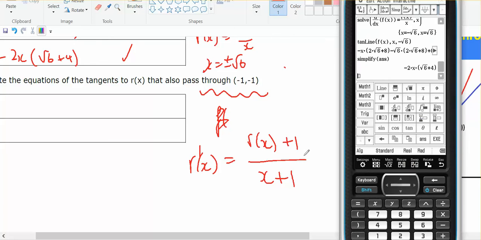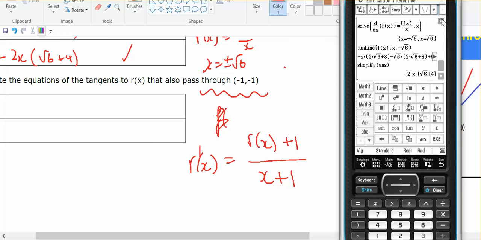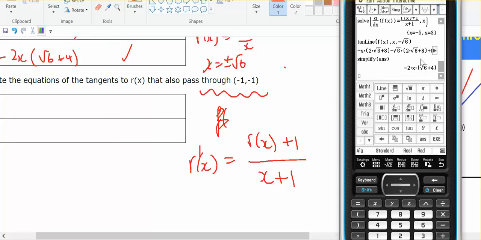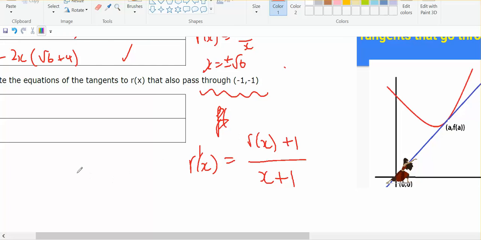So if I bring up my calculator and I go back up here and I go plus 1 and I go plus 1, then that's going to give me these 2 points at x equals 3 and x equals negative 5.